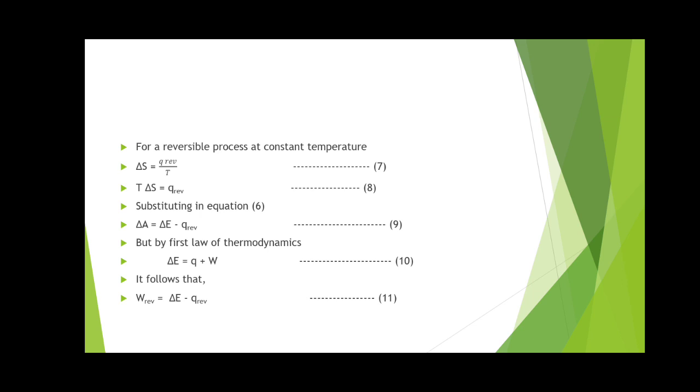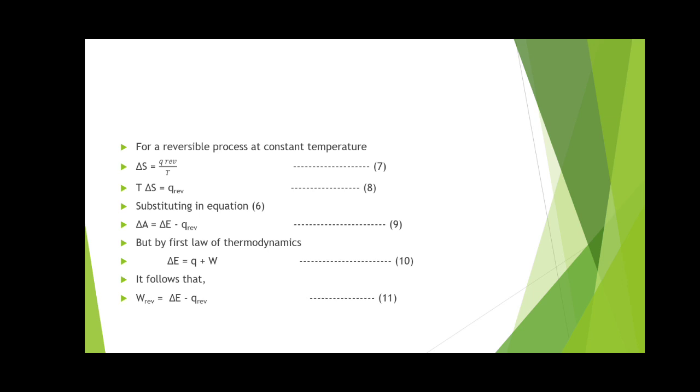Now substituting into equation 6, we will get delta A = delta E - Q reversible. According to the first law of thermodynamics, delta E, the change in internal energy, is equal to Q plus W. Q means heat absorbed by the system, and W is the work done.